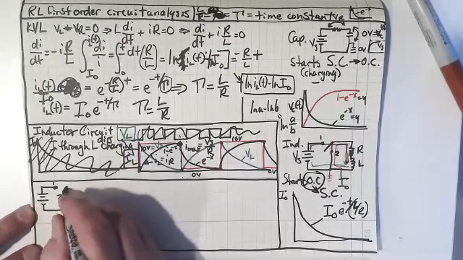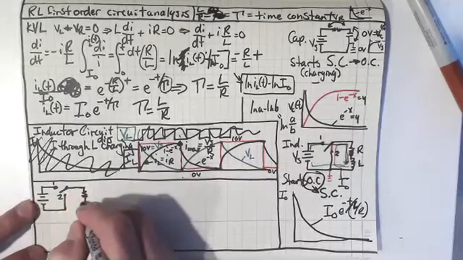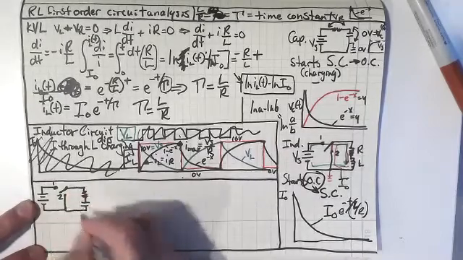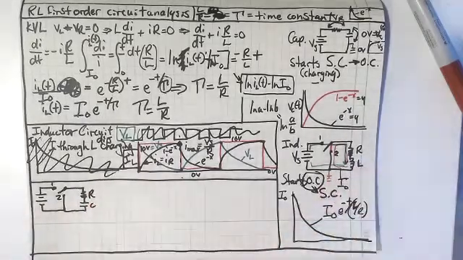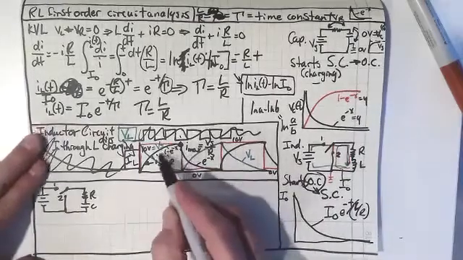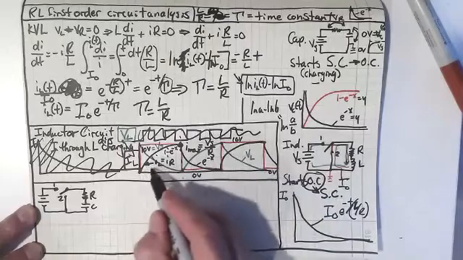And I've got a wiper that goes between those two, and that then goes into a resistor and a capacitor. So that's the same circuit that we have over here. And what I want to show is that this is V sub L and this is I sub L.